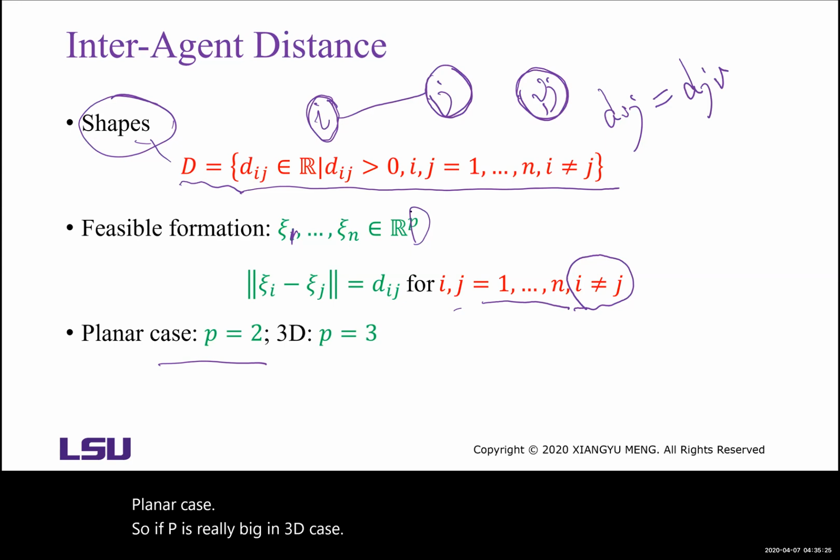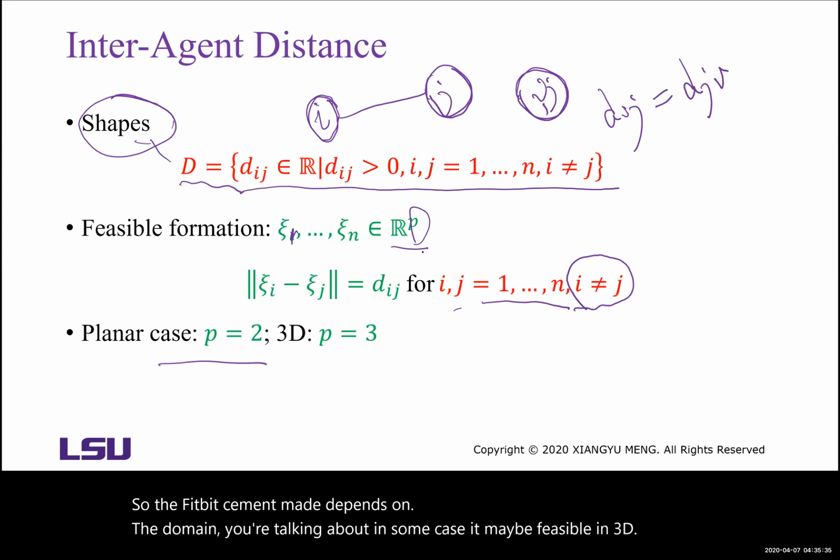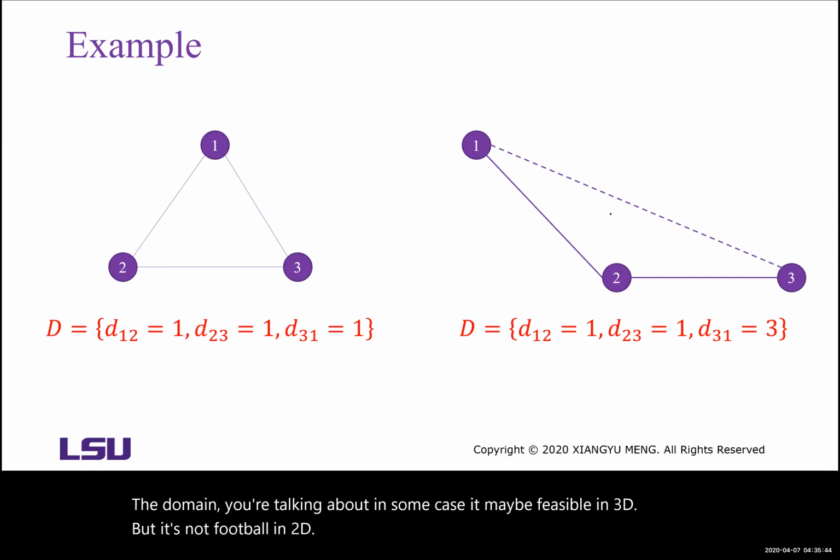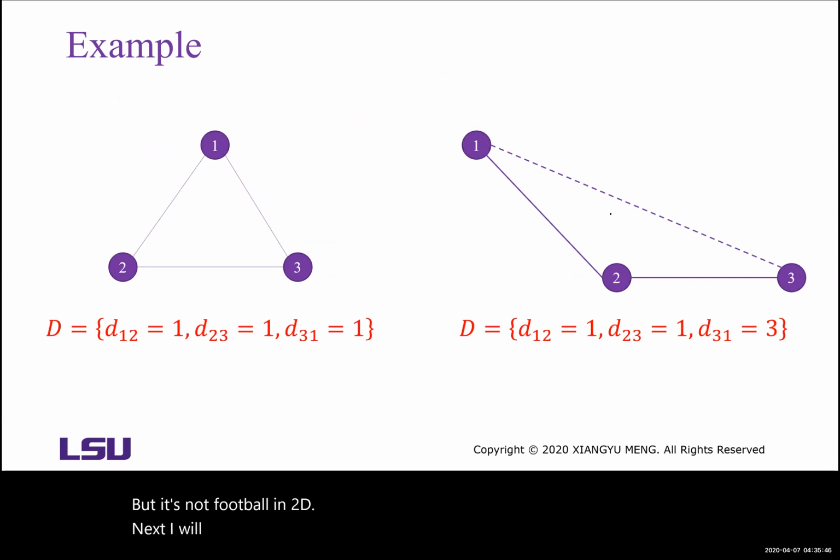So the feasibility may depend on the domain you're talking about. In some cases, it may be feasible in 3D, but not feasible in 2D. Next, I will show you an example of a feasible formation and an infeasible formation.